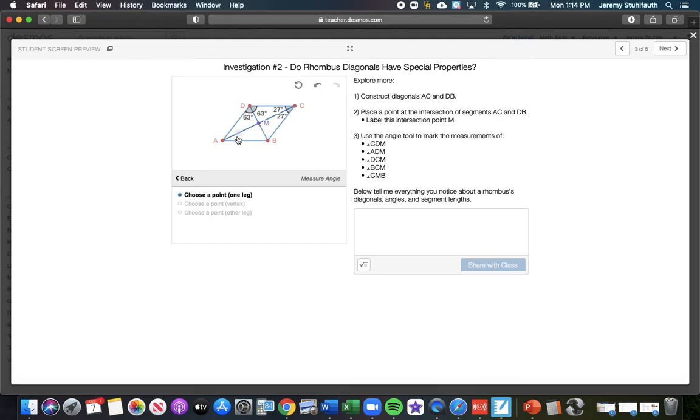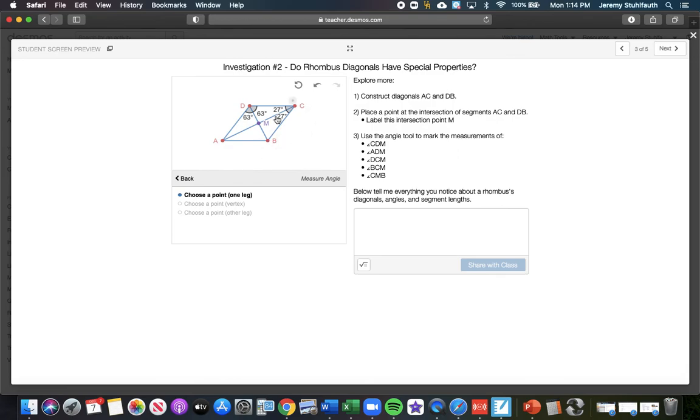And so if we were to go about and measure ABM and CBM and BAM and DAM, we would notice that those angles would also be bisected. So what we notice about a rhombus is that the diagonals of a rhombus bisect the angles of the rhombus. And you might recall that the same type of thing happened for the vertex angles of a kite.